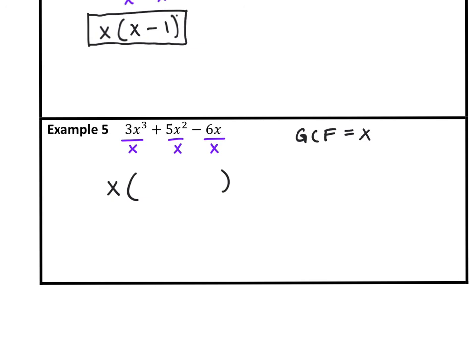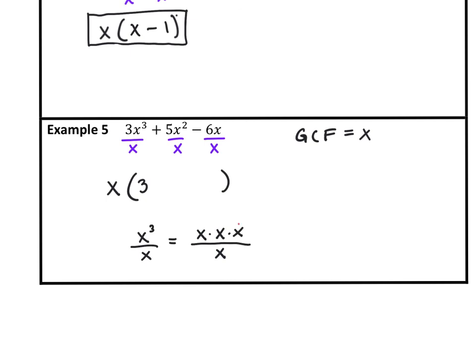Or let me bring down the 3 first. And then let's look at the x to the third and x. What's x to the third divided by x? And what we want to think of when we divide x's is, if I have x to the third divided by x, that's the same thing as having x times x times x divided by x.